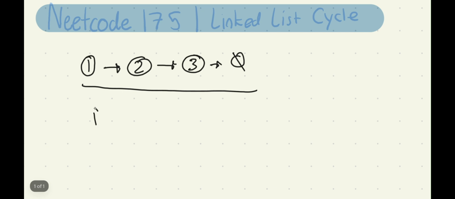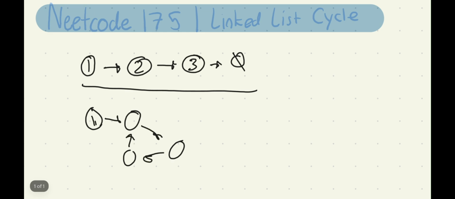However, this right here would be a cycle because it never points to null. This last element always points to 2, and we go through this cycle indefinitely. So our job is to output true if it is a cycle like this, and output false if it's not.